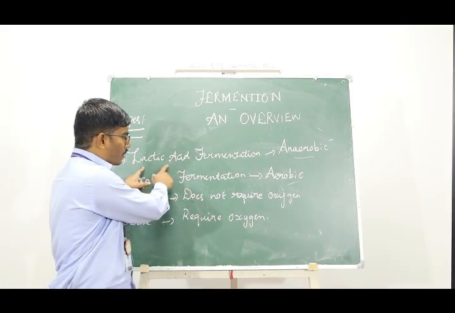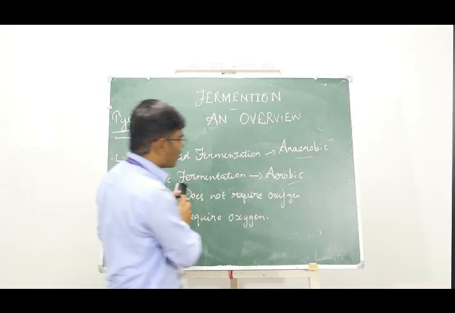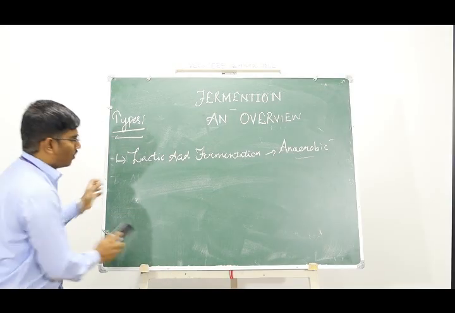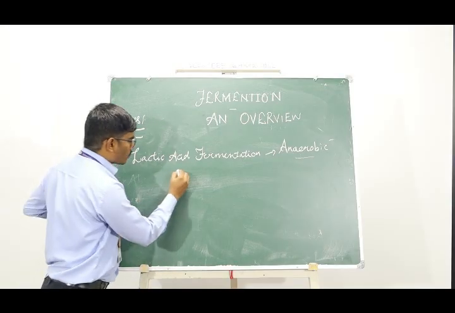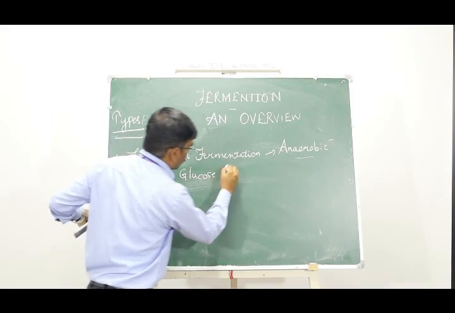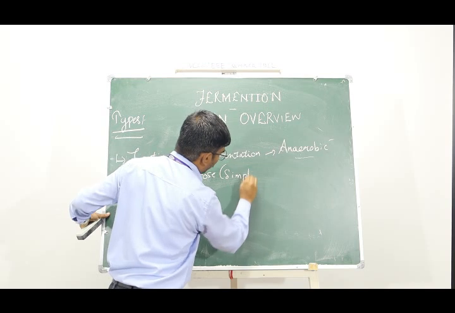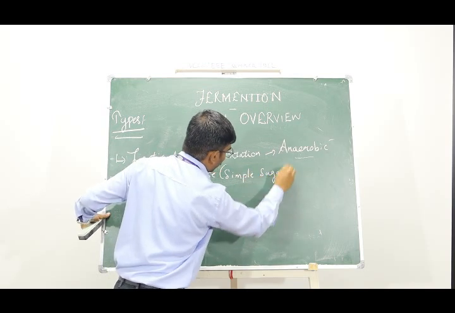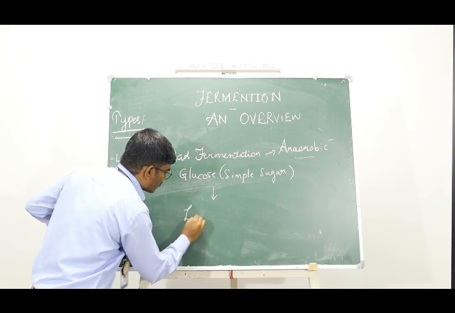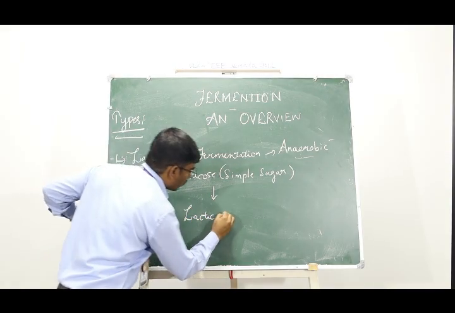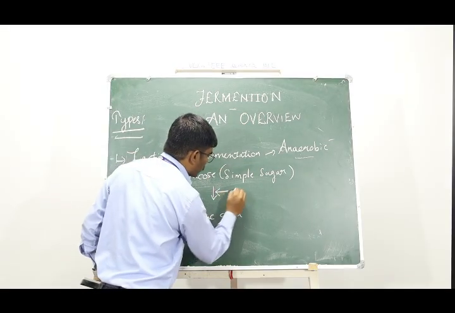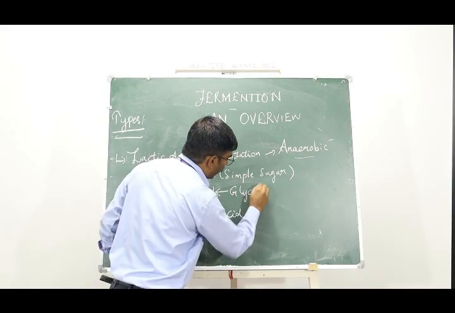So what will happen in case of lactic acid fermentation is, here the glucose molecules, glucose, which is a simple sugar, will be converted into lactic acid by the action of microorganism, and the process is called glycolysis.